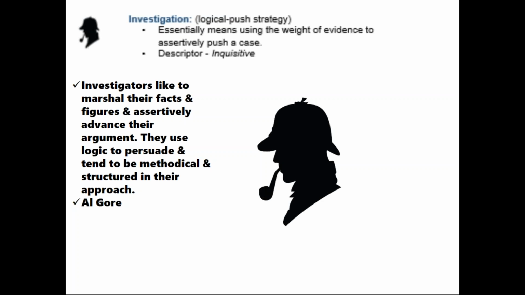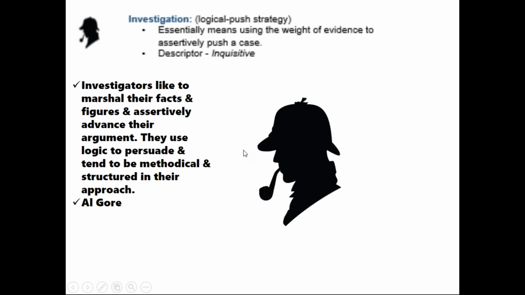But what was interesting is that he put together this video called An Inconvenient Truth. And if you look at it, it's absolutely littered with all sorts of facts and figures and charts and graphs and statistics. He really is going overboard using the investigation strategy when he's trying to convince the audience and, of course, the people watching the video. So he's a good example of somebody that is very much across the detail, and enjoys that approach.